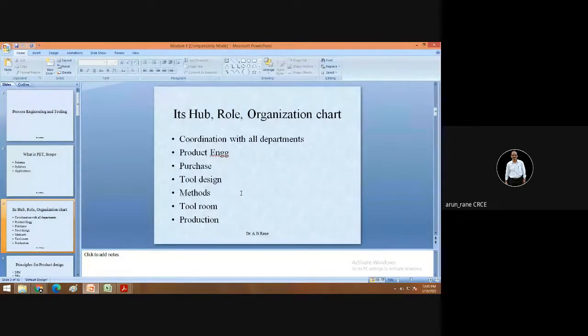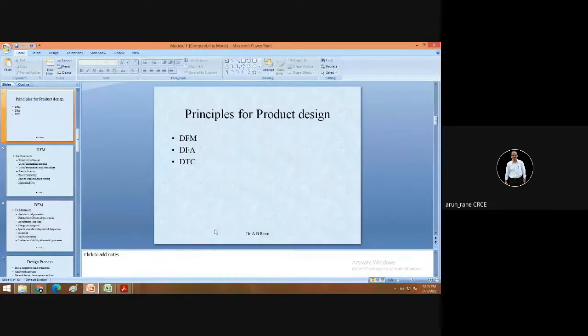Without a process engineer, the industry will not function, whether it is mass production, batch production, or tailor-made production. So this is what he has to coordinate with all the departments: product engineering, purchase, tool design, methods, tool room, production. This is what we discussed.